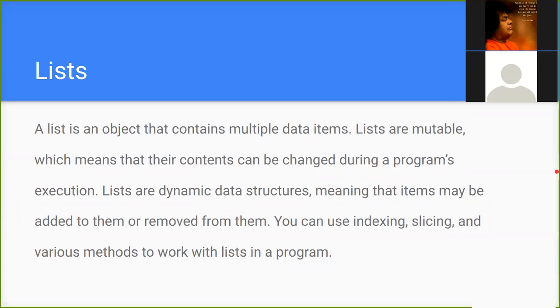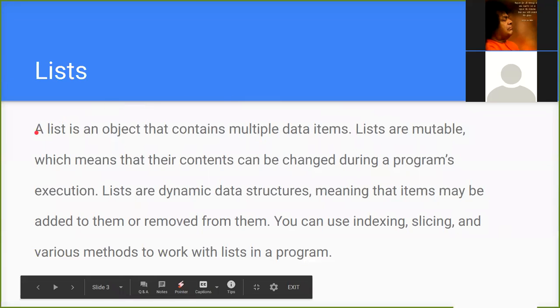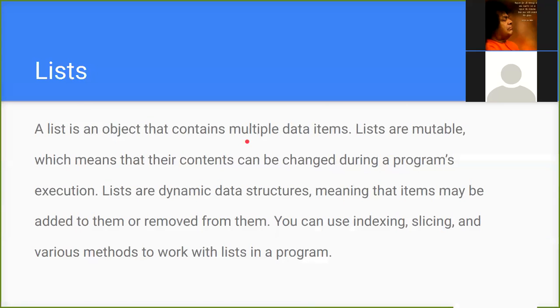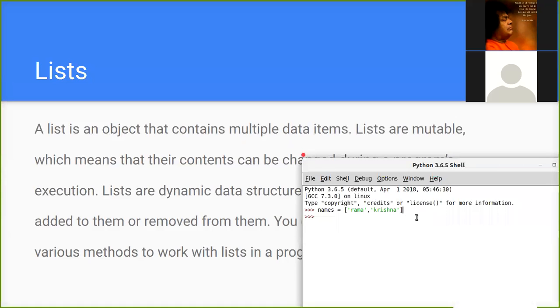Okay, so a list is an object that contains multiple data items. This is what we had seen in our last class. We can create different kinds of lists.